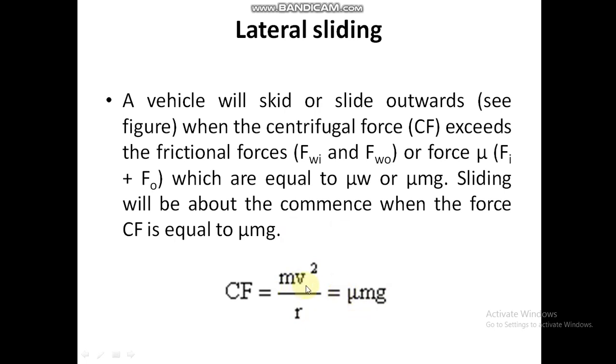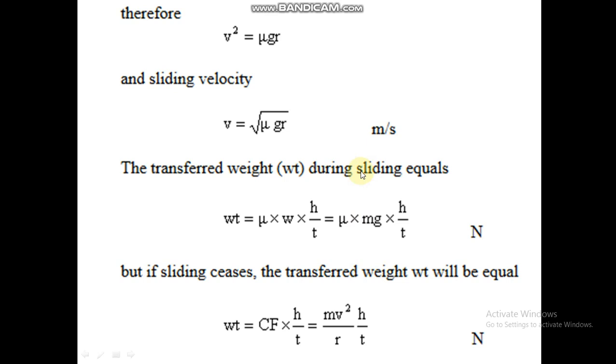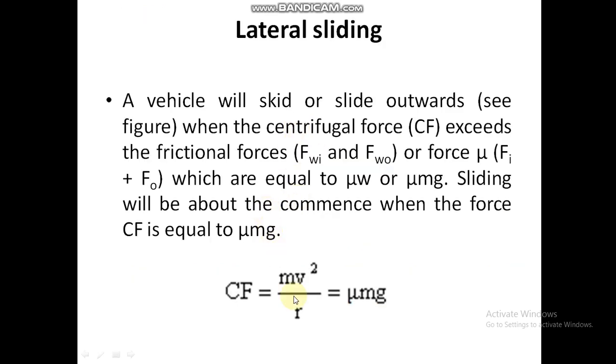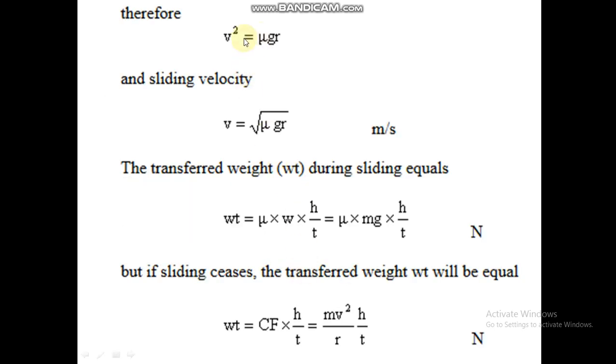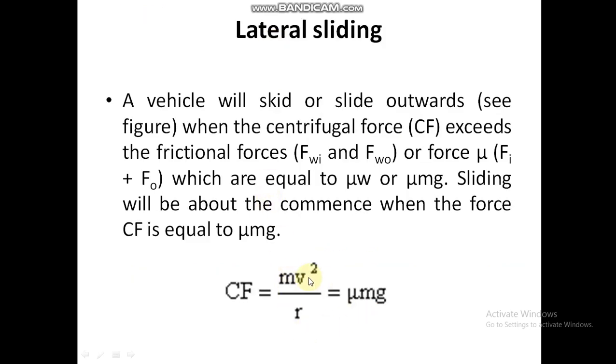From this equation we can calculate the velocity. First, cancel out m and m. R is multiplied on the right side, and v square is equal to mu into g into r.